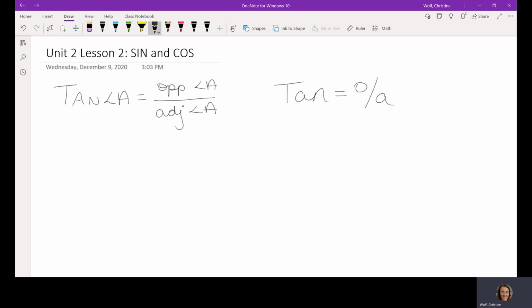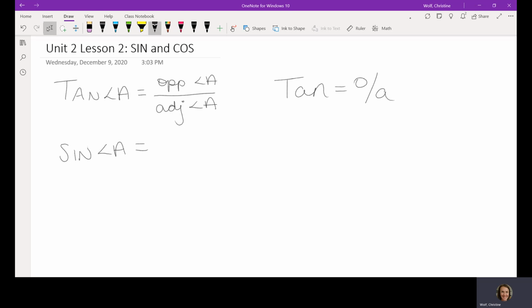Okay, now there's two more. Today we're going to talk about sine. So if I have sine of angle A this time, sine is also set up like a fraction in a similar way. The number on top is going to be the number that's opposite angle A, just like tan is.